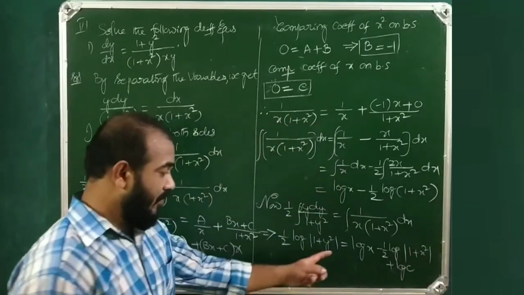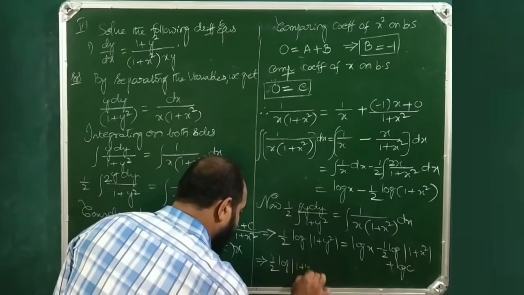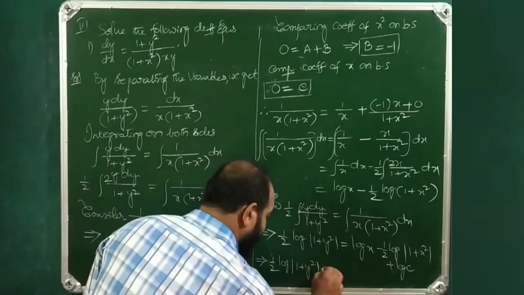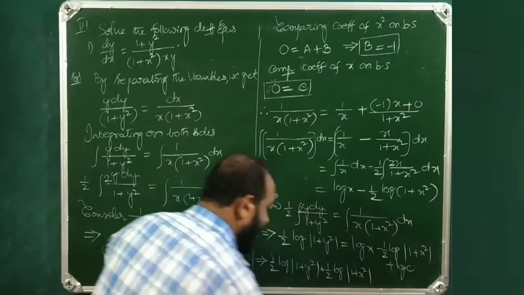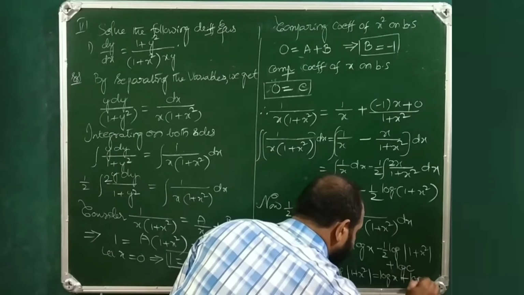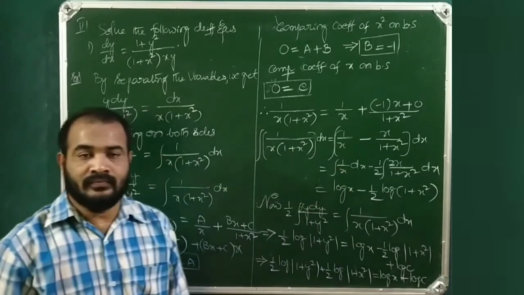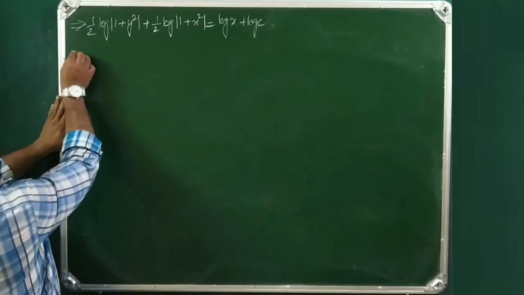Now 1 by 2 log 1 plus y square plus 1 by 2 log 1 plus x square is equal to log x plus log c. So this is what we get.